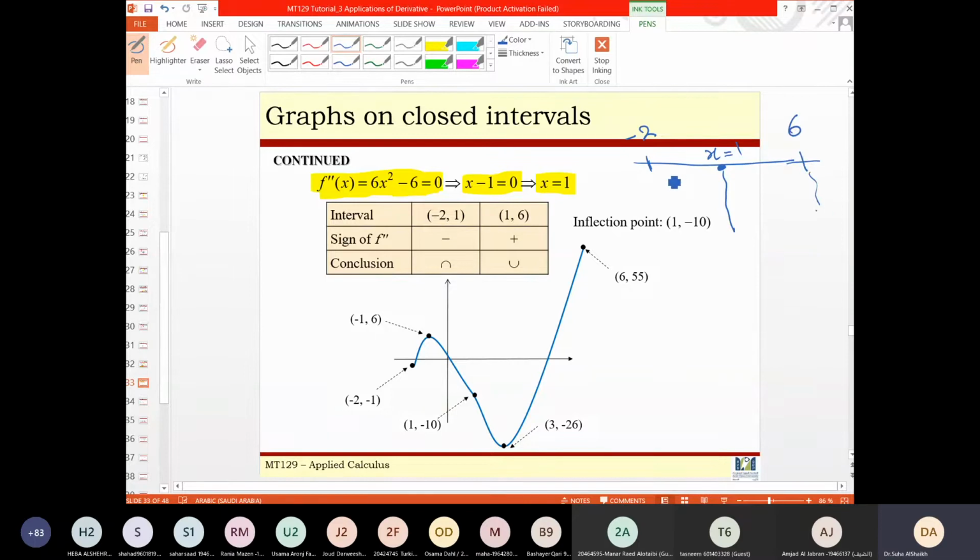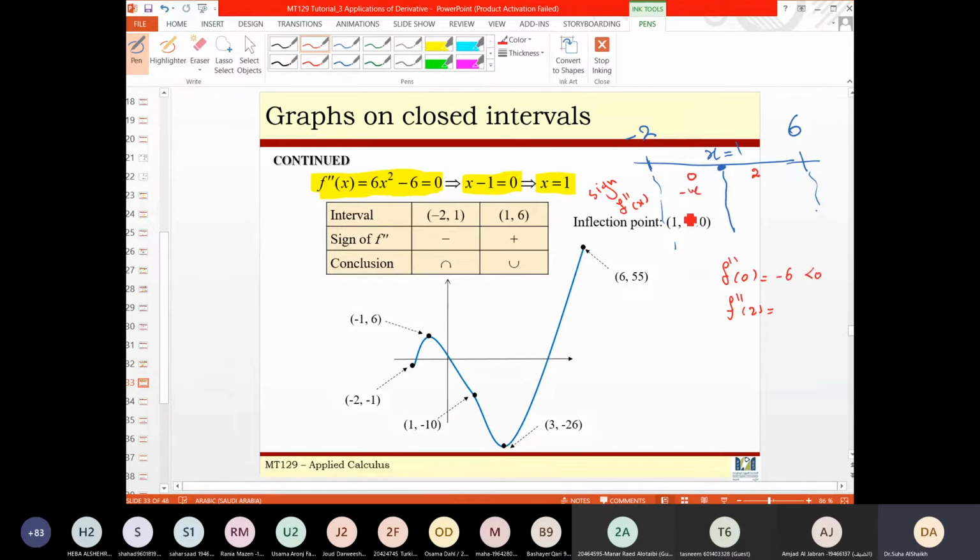My function is like this. Take a point before, 0. Take a point after, 2. I'm studying the sign of f double dash because I'm talking about the concavity. So f double dash at 0 and f double dash at 2 is what I'm studying. F double dash at 0 is -6. It's negative.